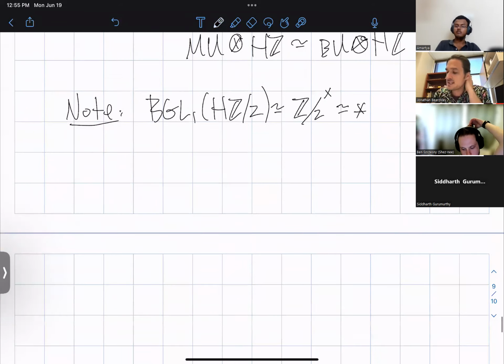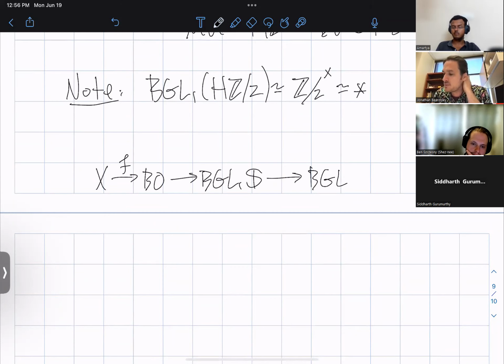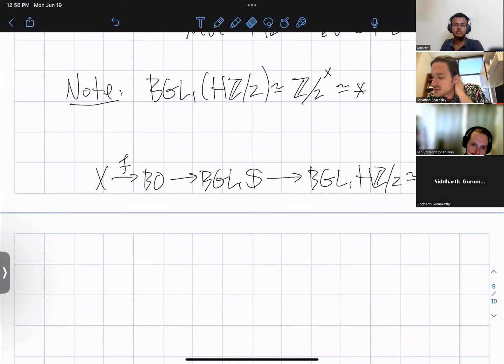And so what this means now is that if you have some vector bundle F, you go via the J homomorphism to S, and then you go further to BGL1 HZ mod 2, which is just the point. Sorry, I made a mistake up there. That shouldn't say BGL1 HZ mod 2, it should say GL1 HZ mod 2.